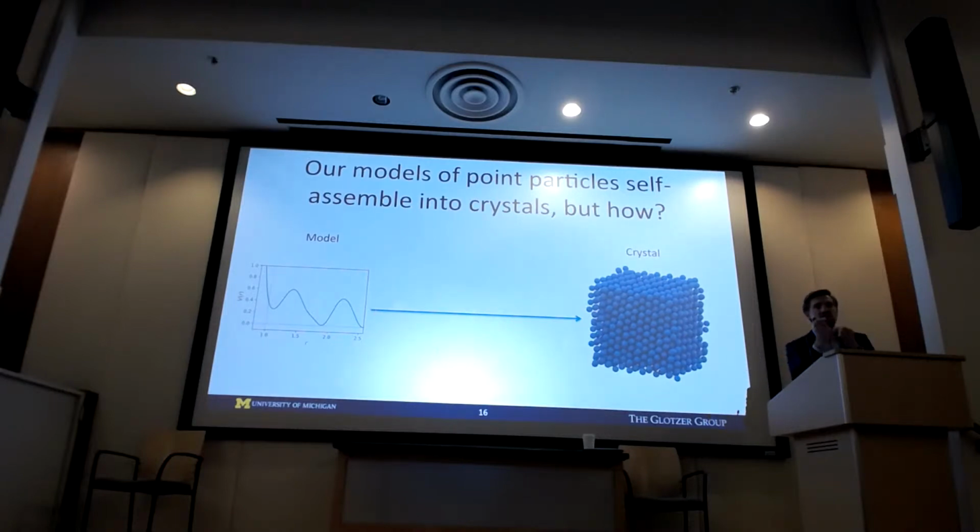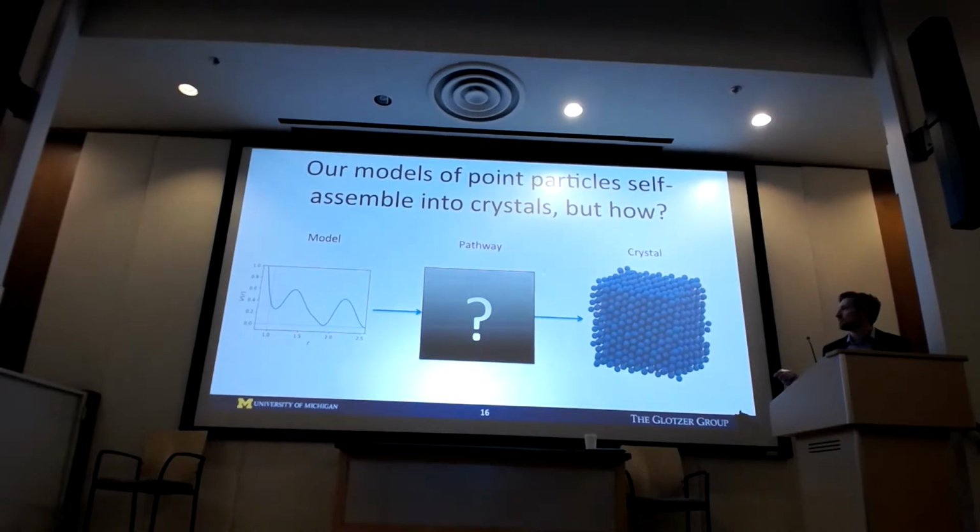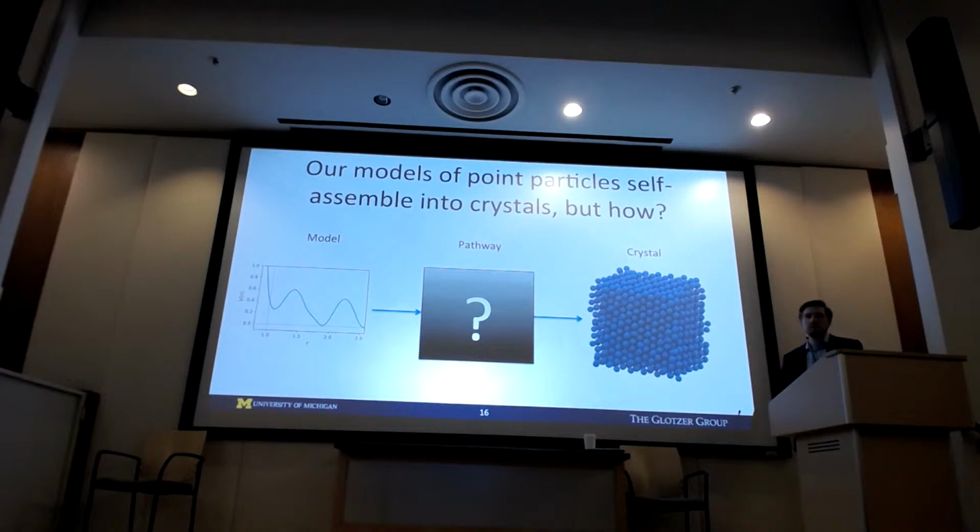They have forces that interact on each other, and they must in some way come together spontaneously to form something that looks like this, that is highly periodic and highly structured. And so this is the big black box that we want to get some insight into. And there's been a lot of work done on the study of crystallization.